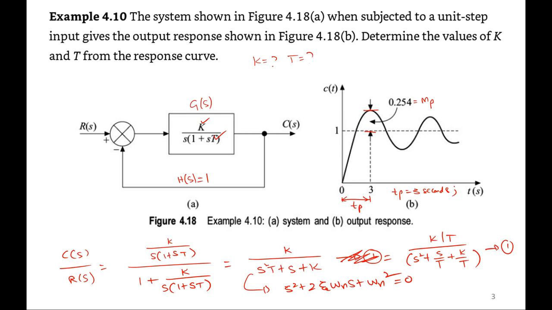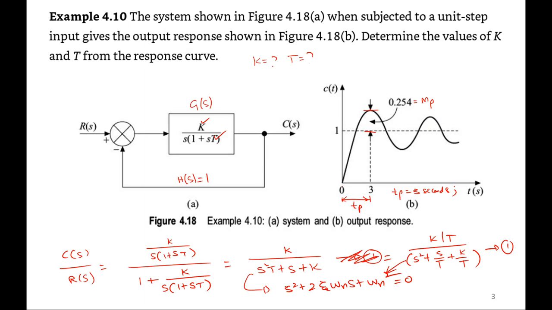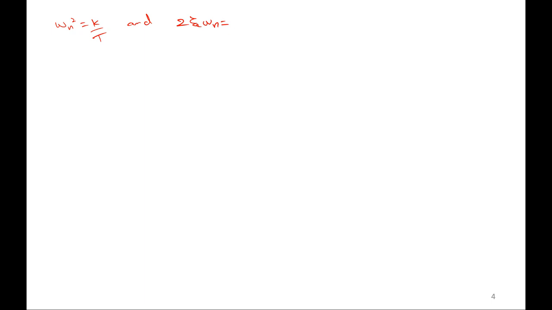So omega n square is K by T, sorry, and 2 zeta omega n is 1 by T. Please don't make such mistakes as I have made right now. Call this equation 2, and later we'll proceed.